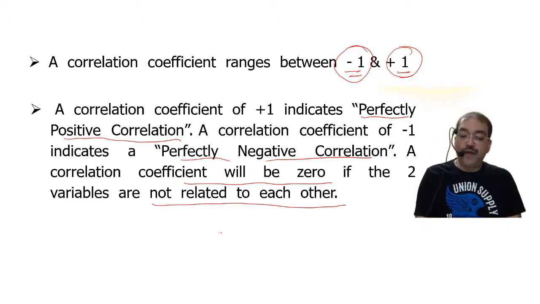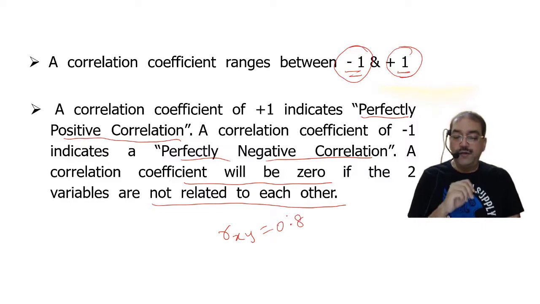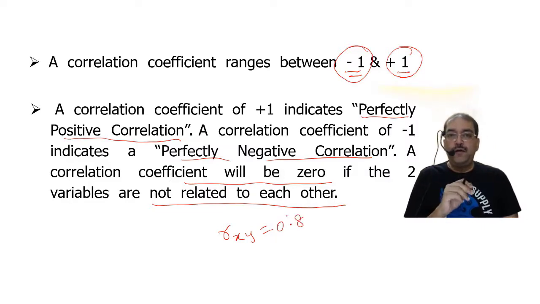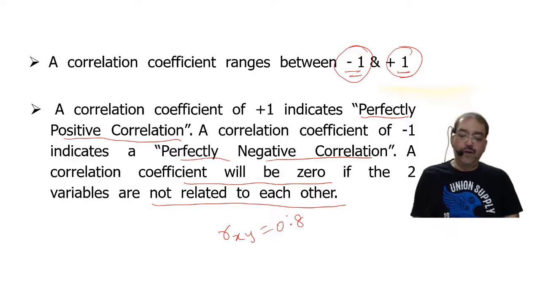Acha, suppose Rxy is equal to positive 0.8. Is it 1? No. It is something between 0 and 1. It is positive, so it is imperfect positive correlation. Suppose Rxy is equal to -0.37.